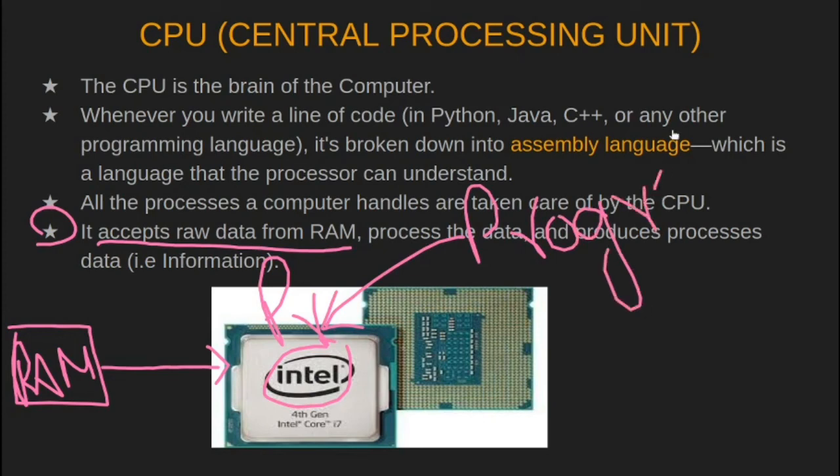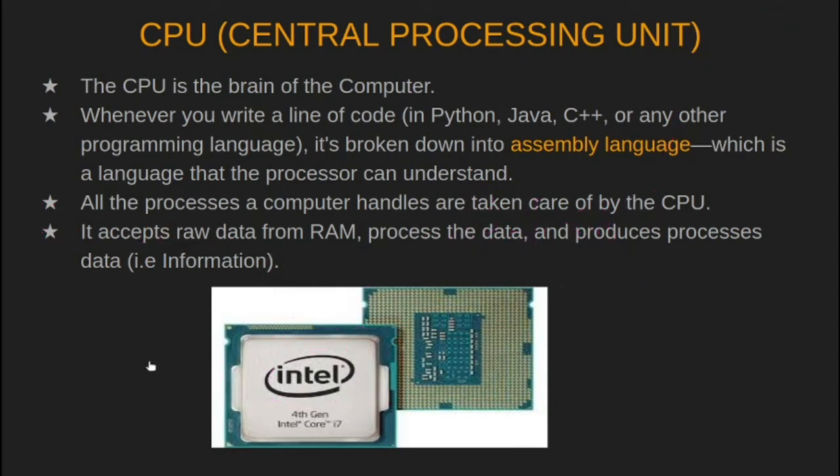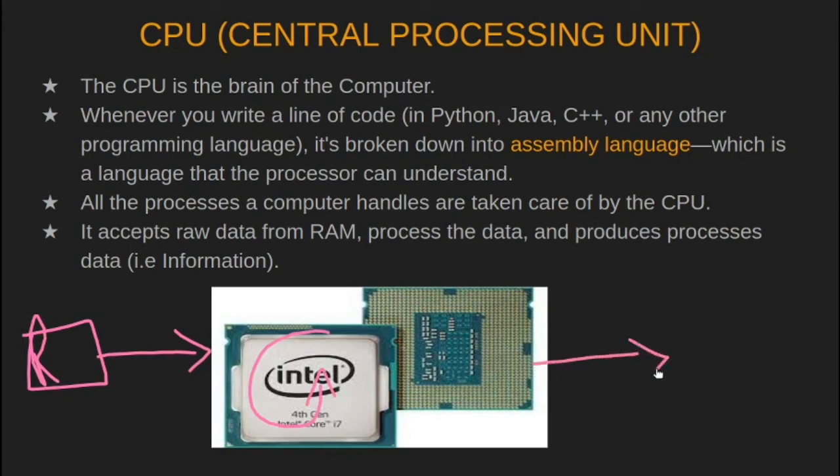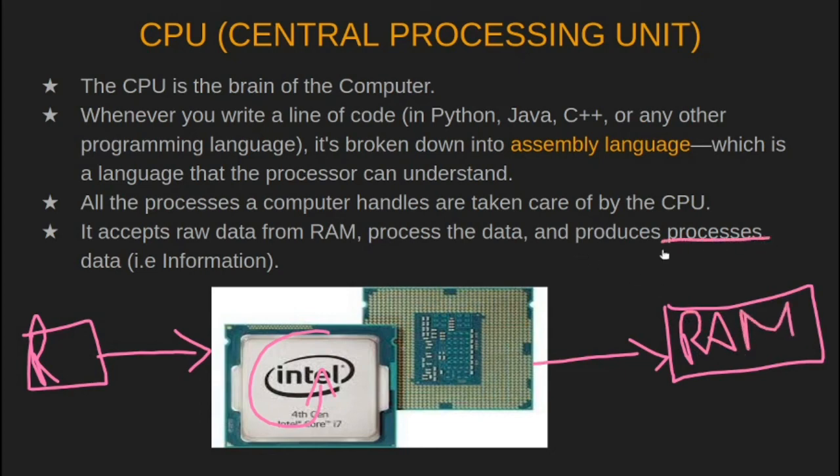A program is lines of code, which is also known as a set of instructions. And then once the data from RAM reaches the CPU for processing and it gets processed, the processed data is then given out by the CPU again to the RAM, and the processed data is known as information.